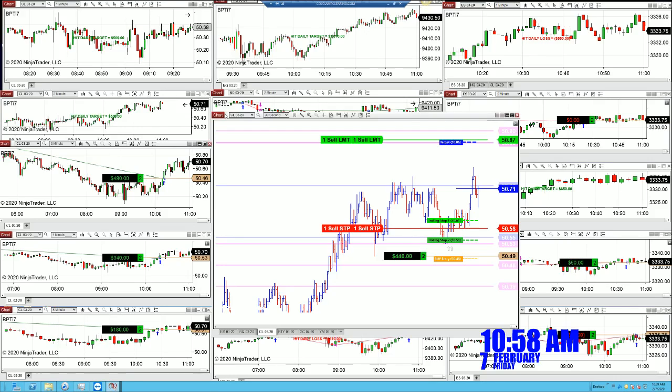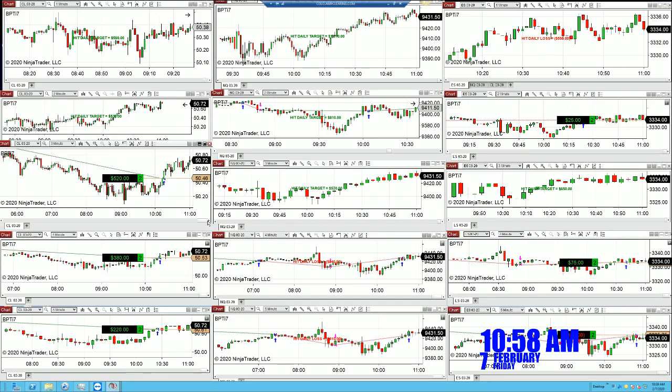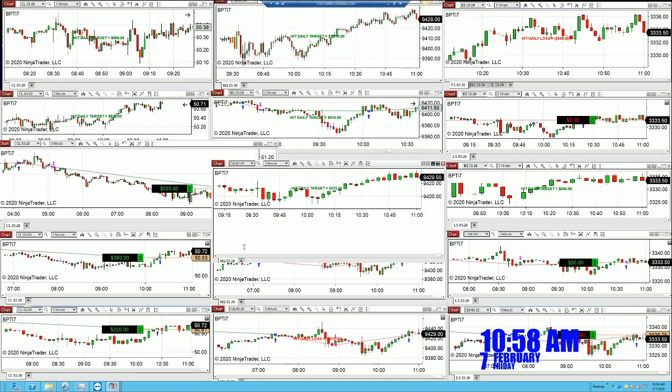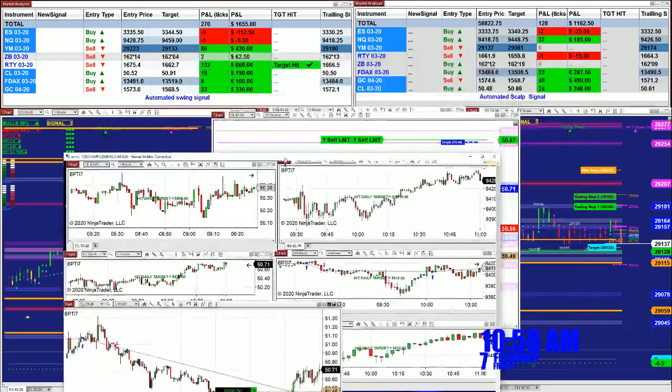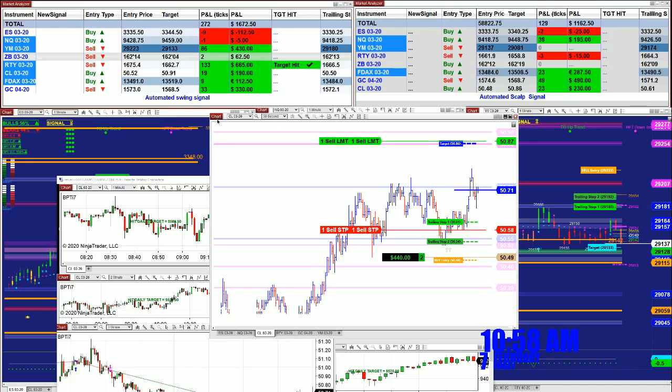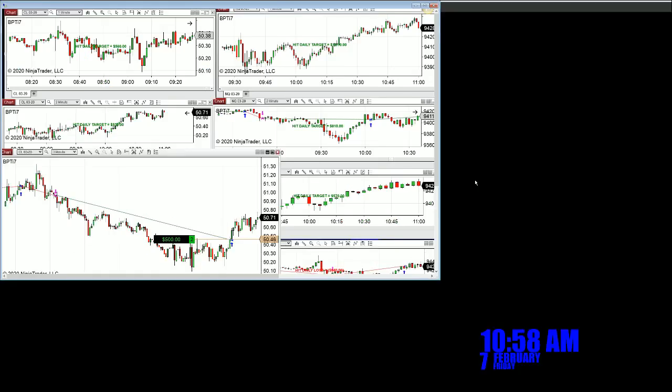Now I want to show you something. I'm auto trading on a CL, and I have an auto trade on this kind of setup. You cannot use an ATM. It's fully automated. You don't have to do anything. But this is not what I want the trader to look at.